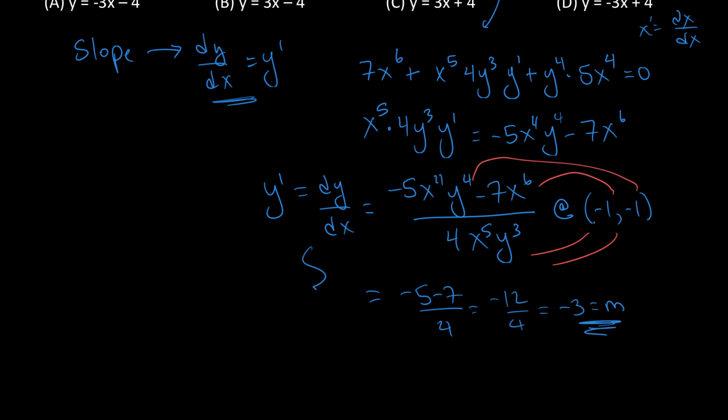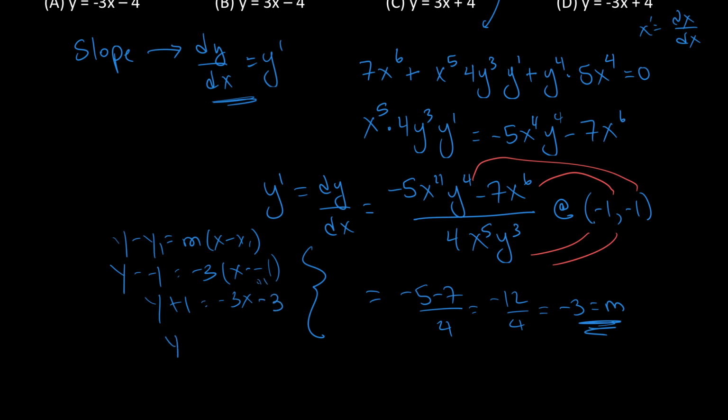And now I can put this in my equation. y minus y1 equals m times x minus x1. Over here, I have the point -1, so y minus -1 equals -3 times x minus -1. So y plus 1, over here, I get -3x, and this would be plus 1, so this would be -3 again. Bring this over, I get y equals -3x minus 4. So there's my answer, and that would give me solution choice A right here as the result.